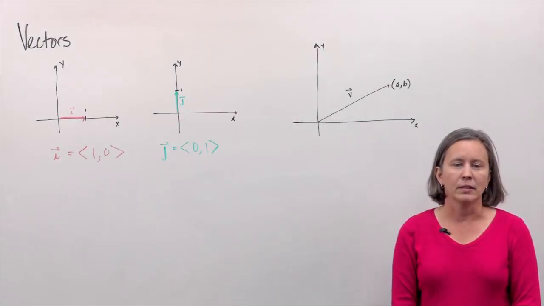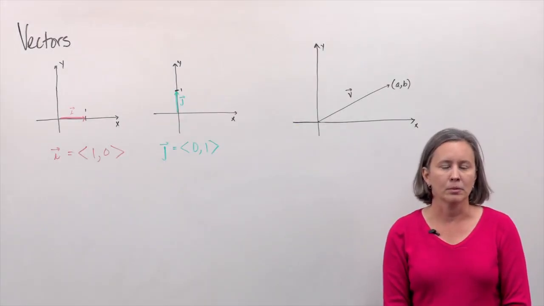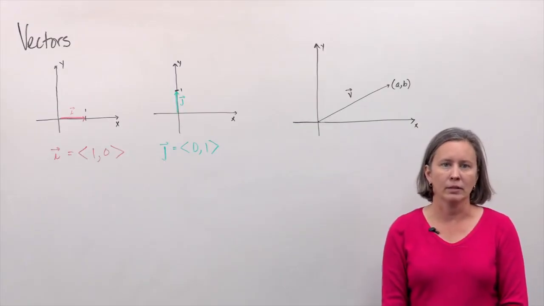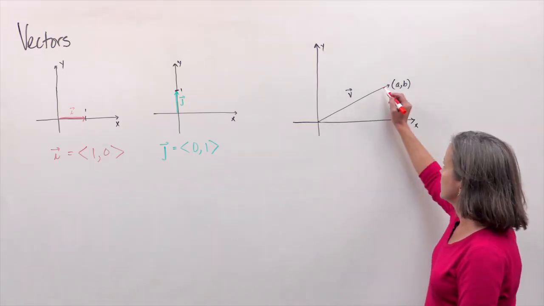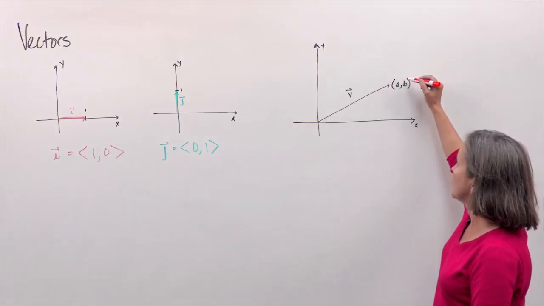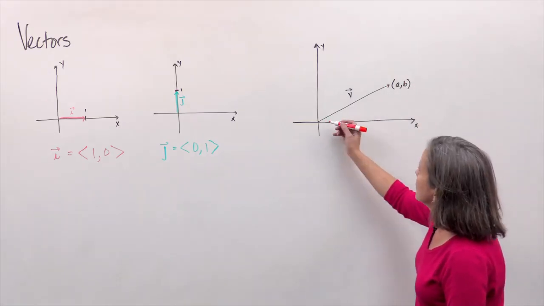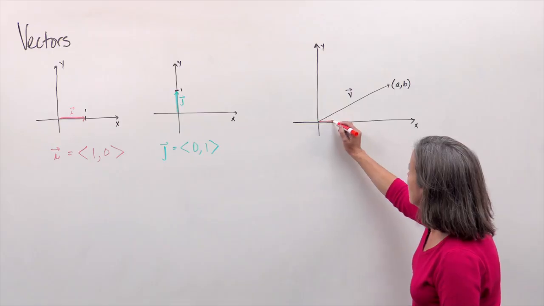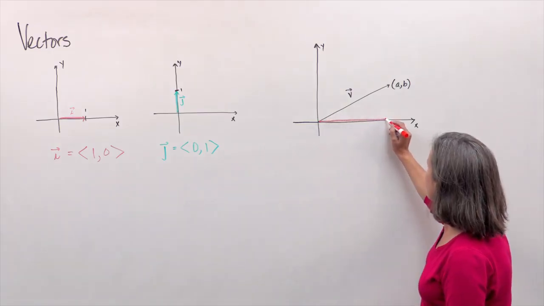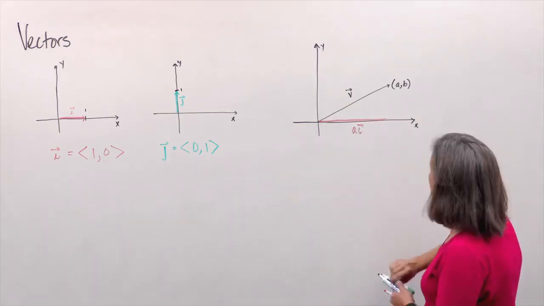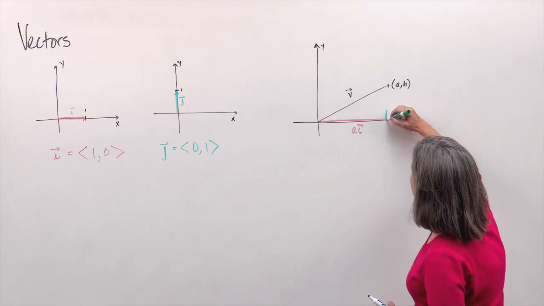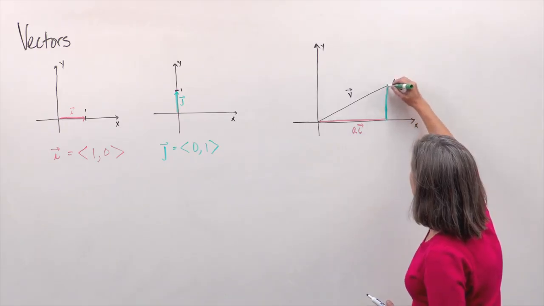Any vector v in standard position can be written in terms of the unit vectors i and j. Starting with a vector v in standard position with its terminal point a, b, this is the same as having a copies of i plus b copies of j.